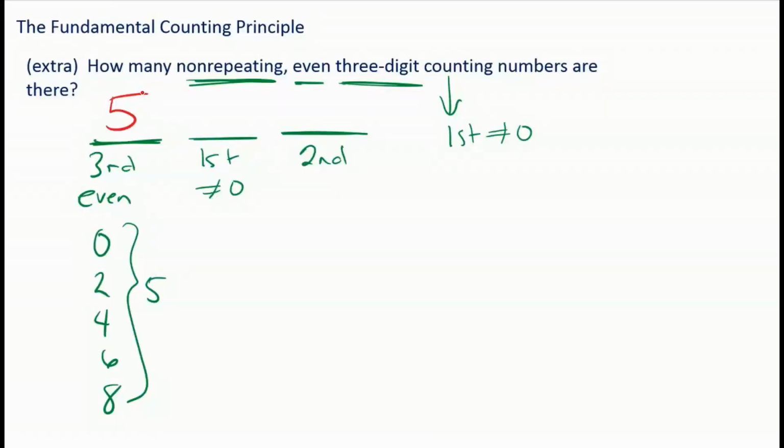Now my first choice can't equal 0, so I have choices of 1, 2, 3, 4, 5, 6, 7, 8, 9. How many choices is that? We couldn't include 0, so that's 9.